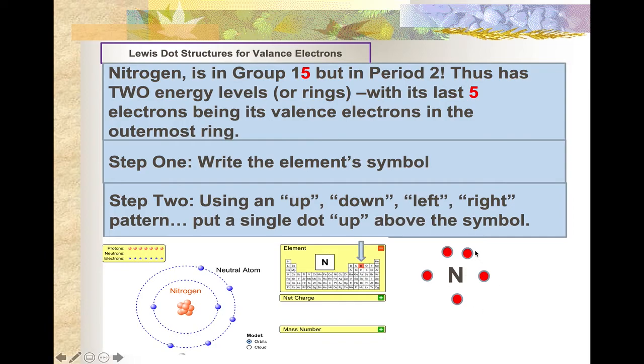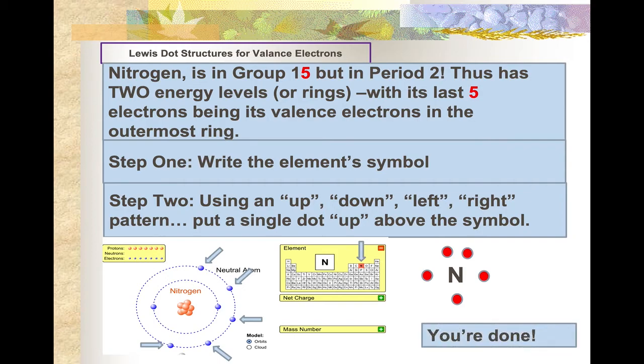They have opposite spins, so these 2 are stuck together like powerful magnets. So even though I have 5, chemists soon found out only the single ones will pair up with something else. And that's going to be a coming lesson. That's where we're doing this. So there's the 5 that I showed you on the Lewis dot structure. And there they all are. You're done.